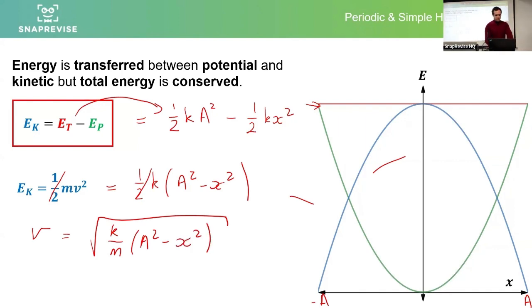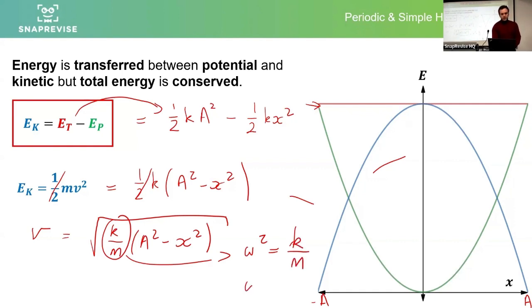And if you are wondering, we can then say, look, from a few slides ago, we know that omega squared is equal to K over M. Or rather, I think it actually said that omega is the square root of K over M, but hopefully you can recognize those are the same thing. If this is omega squared here, we can take that out. We can say, look, V is plus or minus omega times the square root of A squared minus X squared.